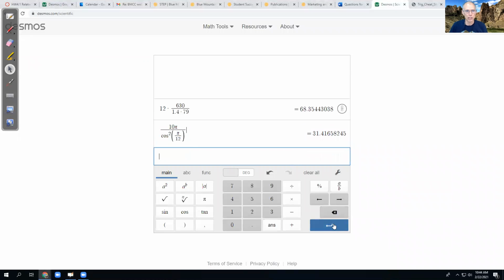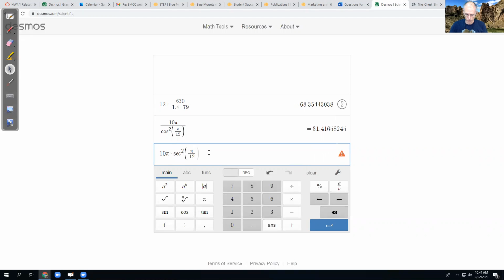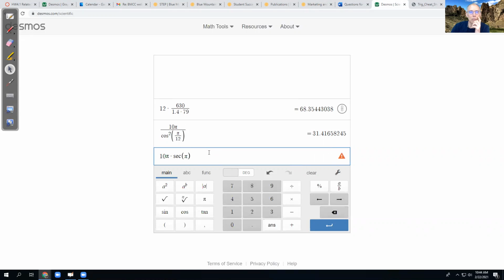Should be a master of your calculator, just for fun. 10 pi times secant squared, pi over 12. And it doesn't like, probably the secant squared. Doesn't like something I typed. I didn't freak out. And pi's okay.